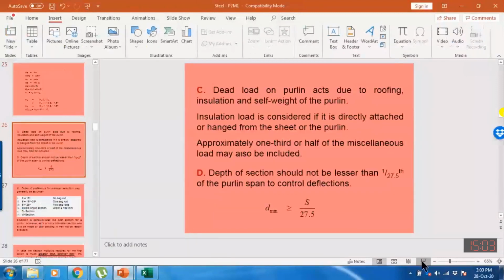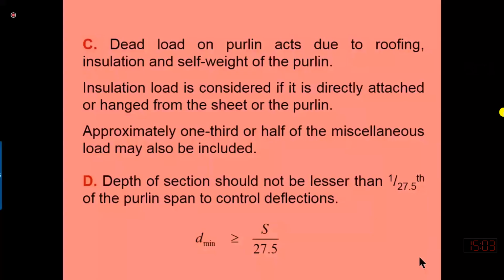So insulation load is considered if it is directly attached or hung with the roof sheet. We are assuming that if we use any insulation panel, it is directly attached with the purlin. So approximately 1/3 or half of the miscellaneous load may be included. Actually, in order to compute the panel load for the truss, we consider the full miscellaneous load.